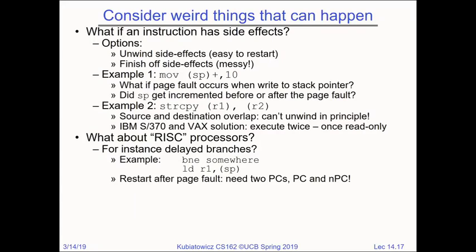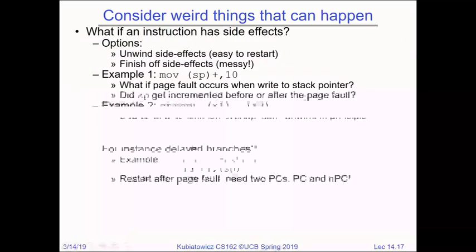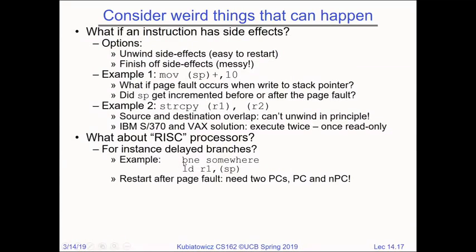So here's my favorite. How many people remember delayed branches? They talk about that in 61C? Sorta. So the idea here is this branch is going somewhere and the delay slot immediately after the branch executes because of the pipeline. Imagine for a moment, you're branching somewhere, the load gets a page fault. How do you restart this?